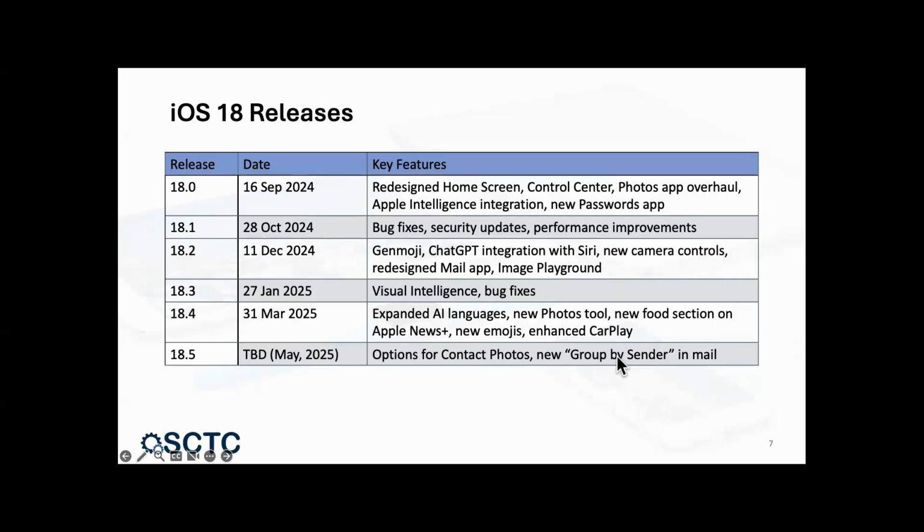It's got a couple of new features. This group by sender, we're going to talk a little bit about. With each iteration, they generally improve the stability and security of the release, and then they will incrementally add new features to each of these dot releases.